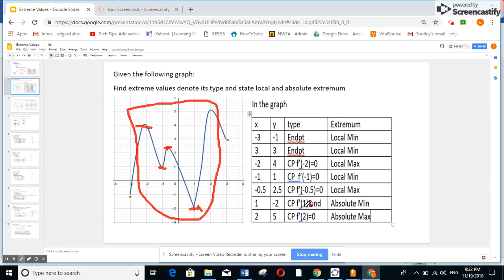So it's a critical point, but f prime of 1 is undefined, though certainly it's continuous. And at the point 2, you have 5. If you compare graphically, it is the highest point. Since it is the highest point, it's called the absolute max, and there it's a vertex and the derivative equals 0.